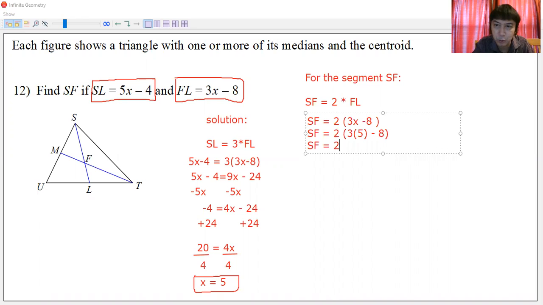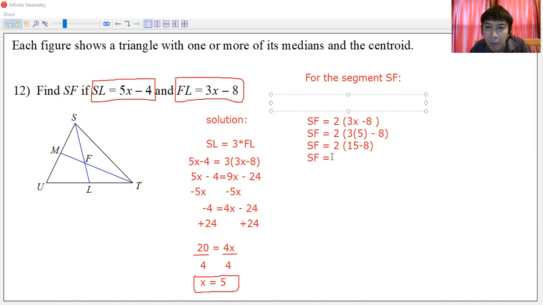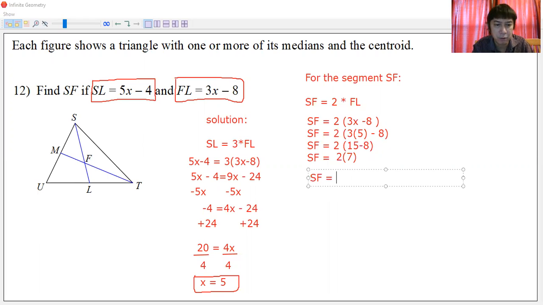This should be 2 times 15 minus 8, which is 2 times 7. SF looks like 14. SF is equal to 14 units there. So this will be our answer.